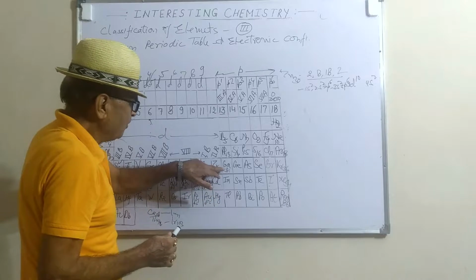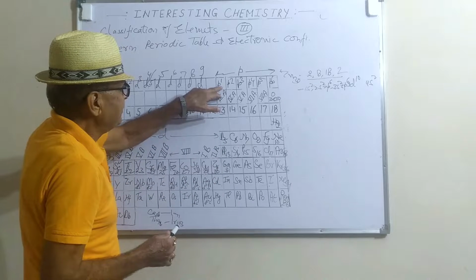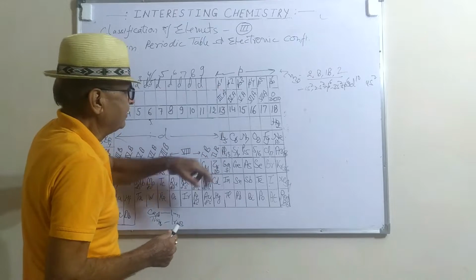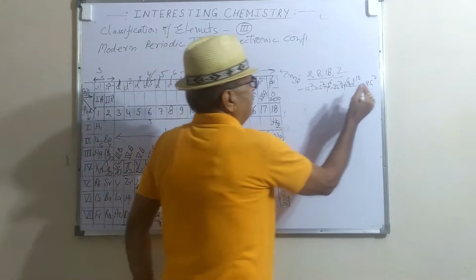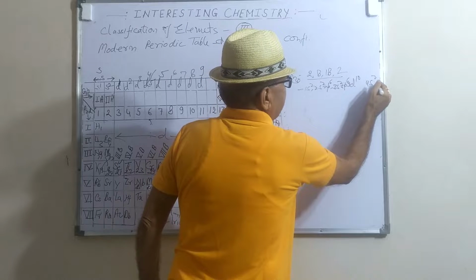Now you know that the filling of p starts here. So you will write here 4p1.